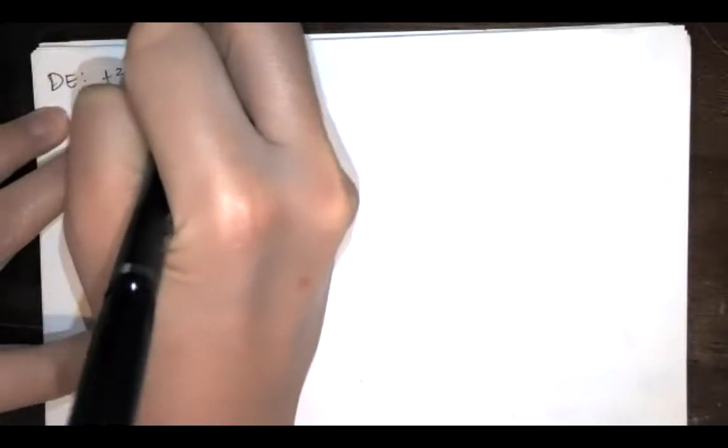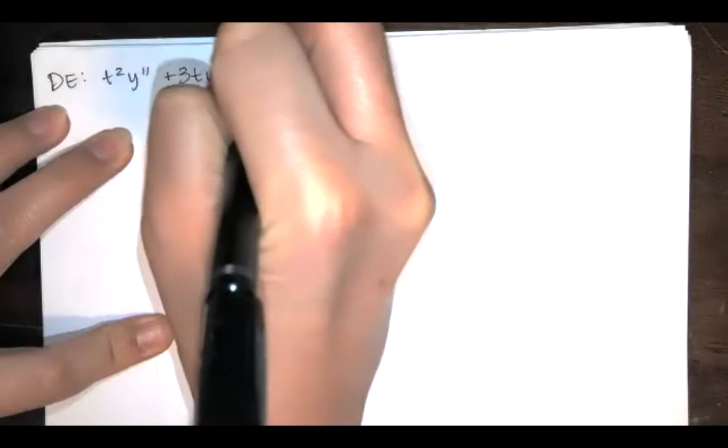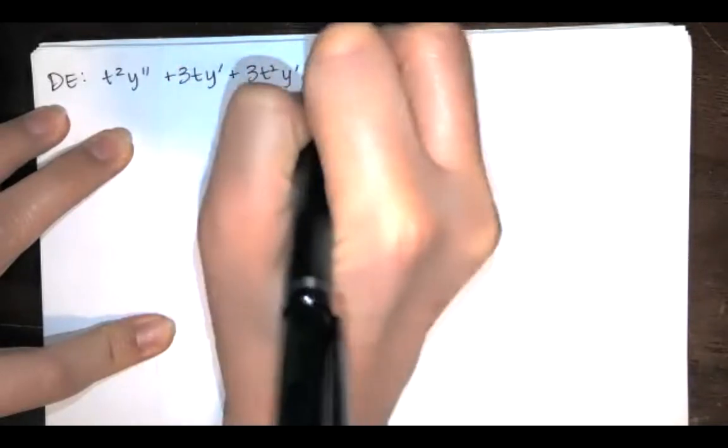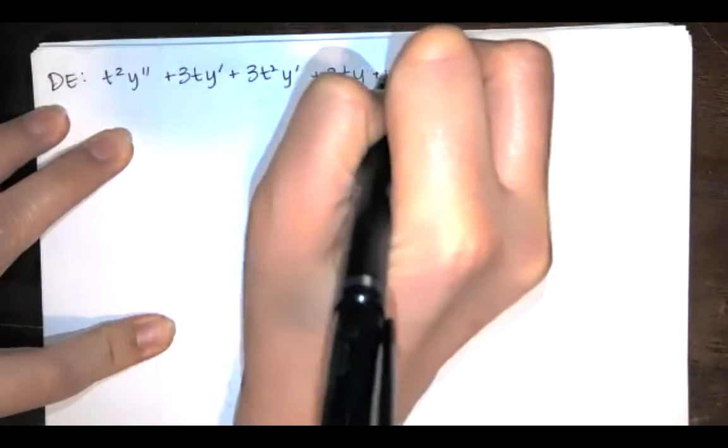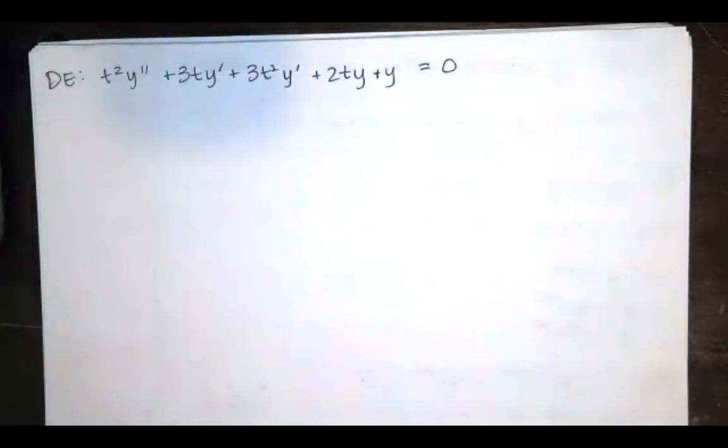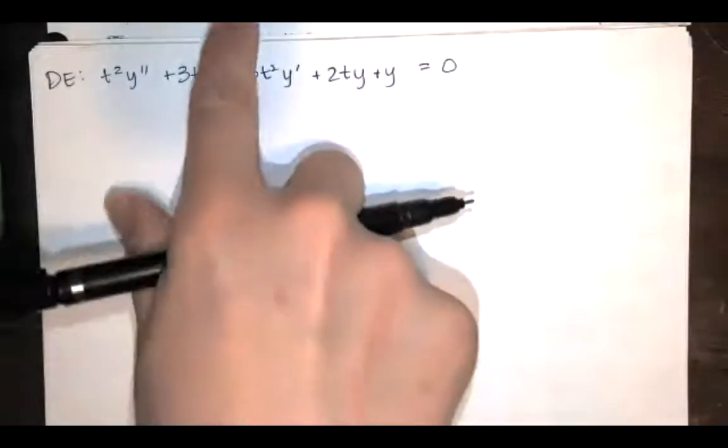But the differential equation looks like this. This is my y sub 2 double prime. When I take this and I multiply by a t squared, what I get is this.